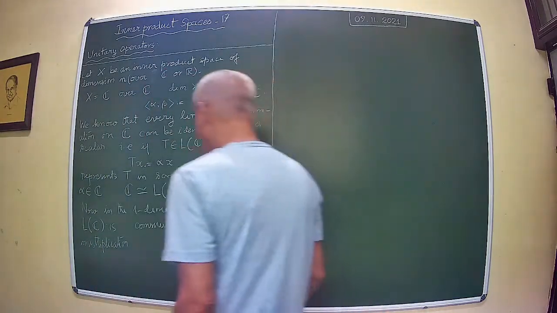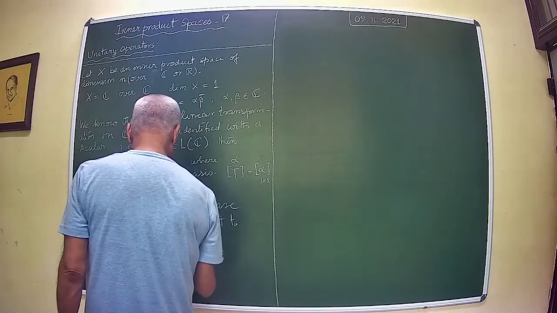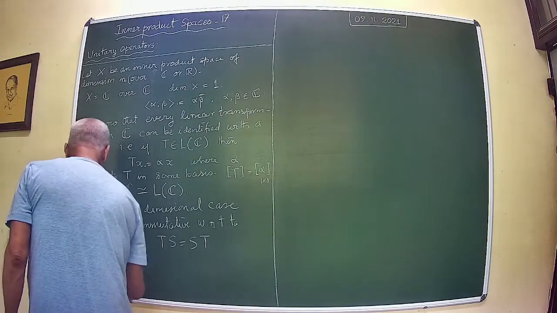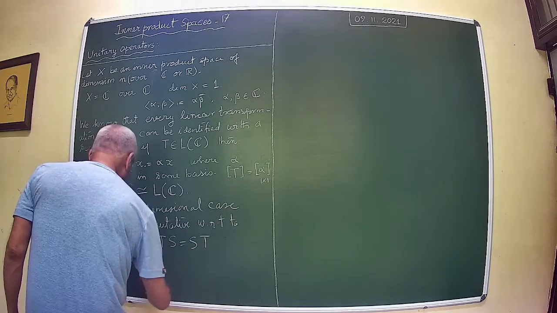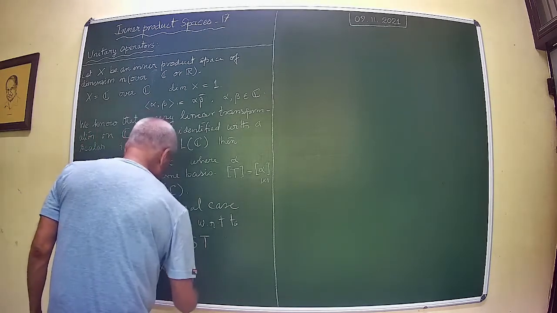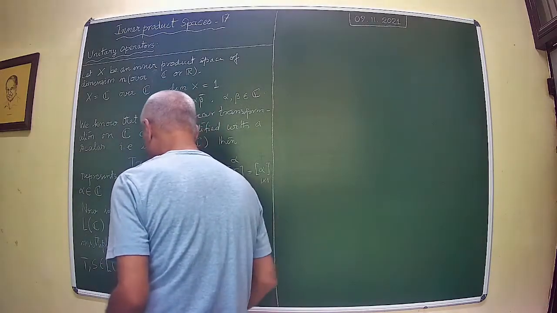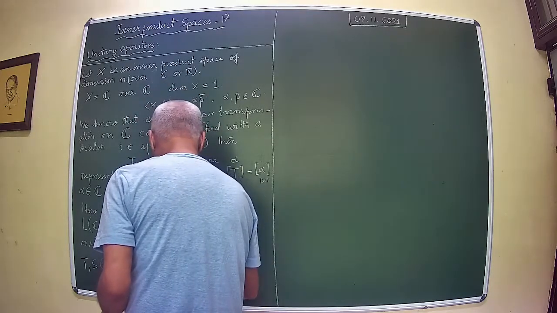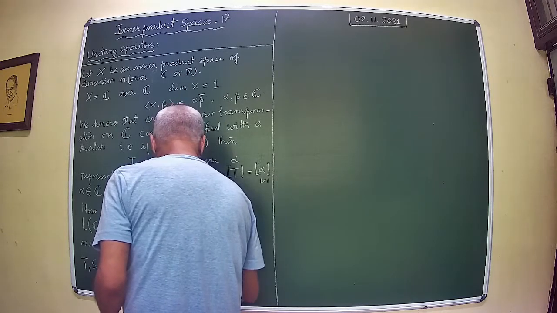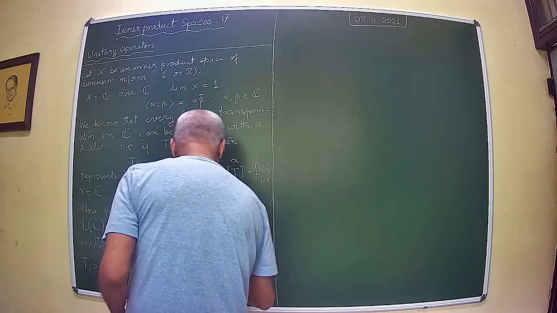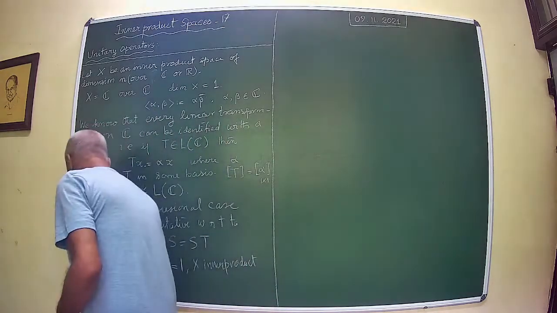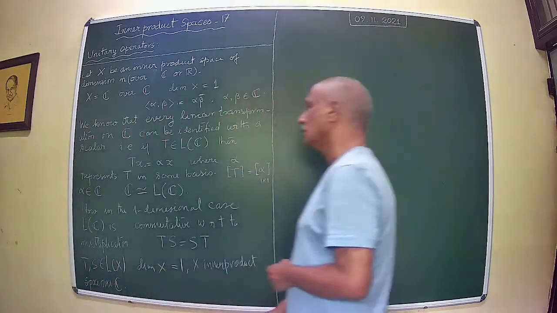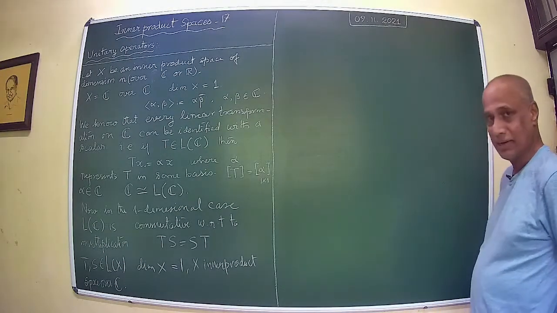That means you will get TS equals ST, where T and S belong to L(X). So that's the position that you have. It's a commutative collection.